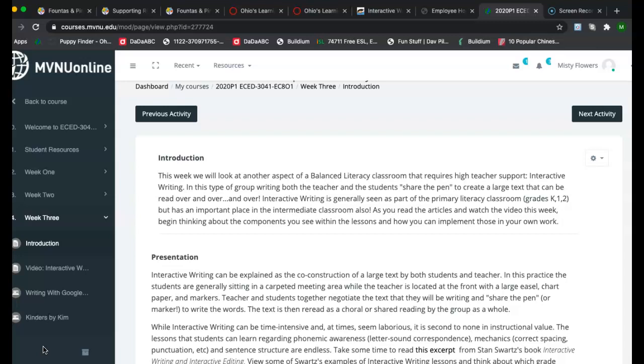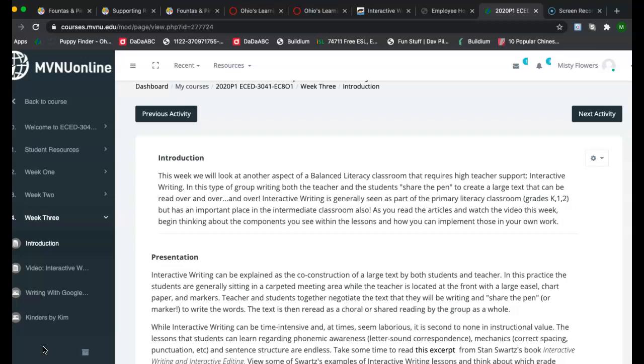Then they start to physically write the text, and at specific points as they're writing, the teacher may call on specific students to come and write maybe a specific letter or a word, or to provide a space in the writing based on what those students need at the time.